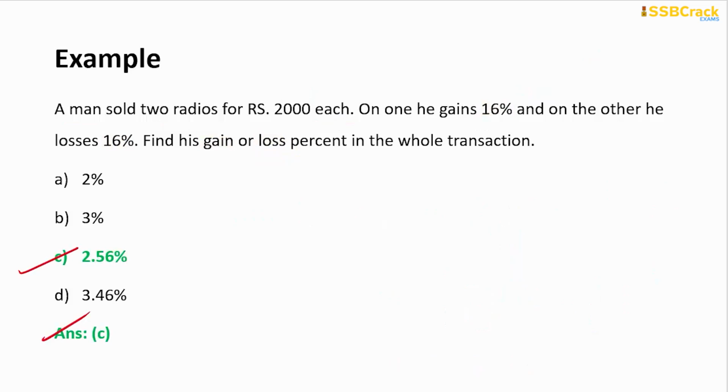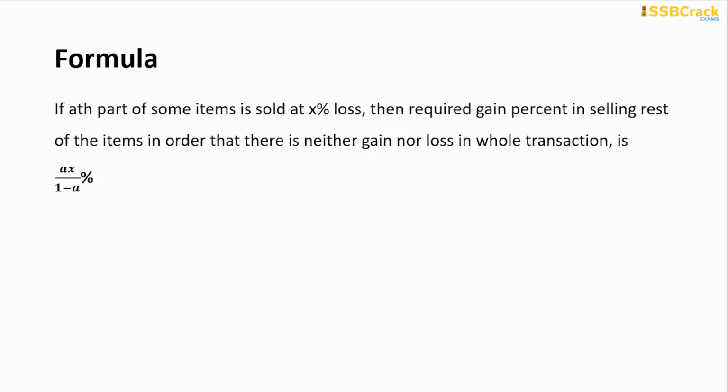Alright, coming to the next formula, and understand the criteria here. If the eighth part of some atoms is sold at X% loss. There are some atoms, of which the eighth part, the fractional part, is sold at X% loss.